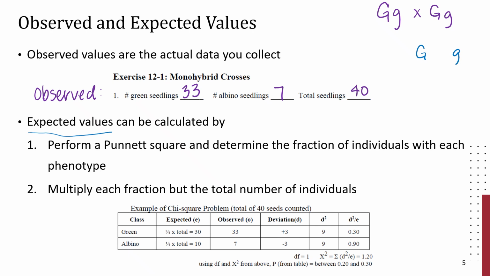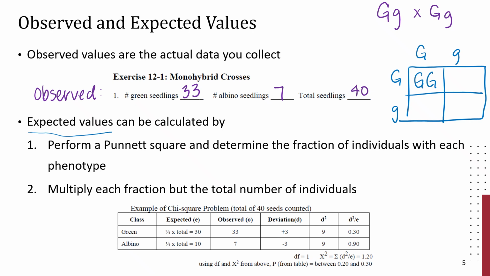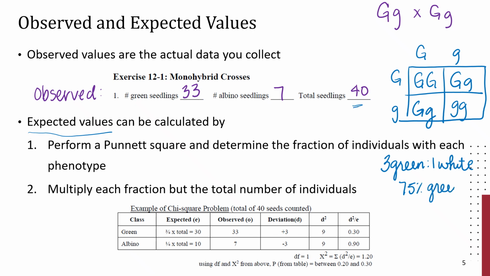So I'm just going to go ahead and fill out the Punnett square. And we are going to get 3 green to 1 white. In other words, 75% of our total of 40 should be green, and 25% of our total of 40 should be white.